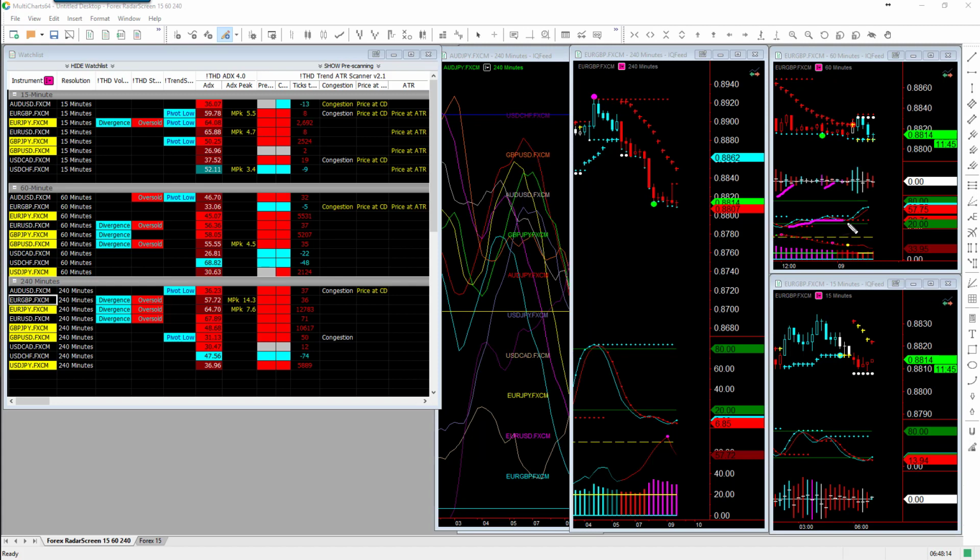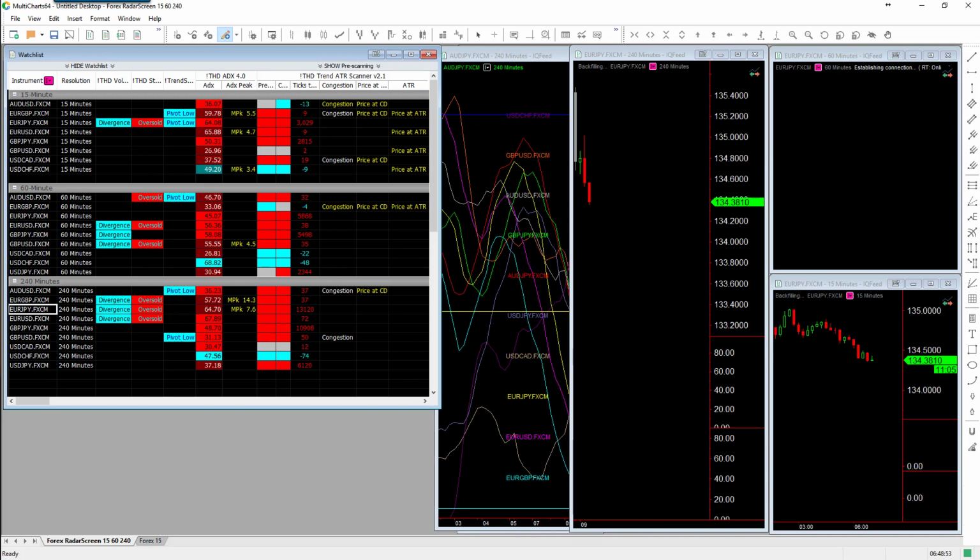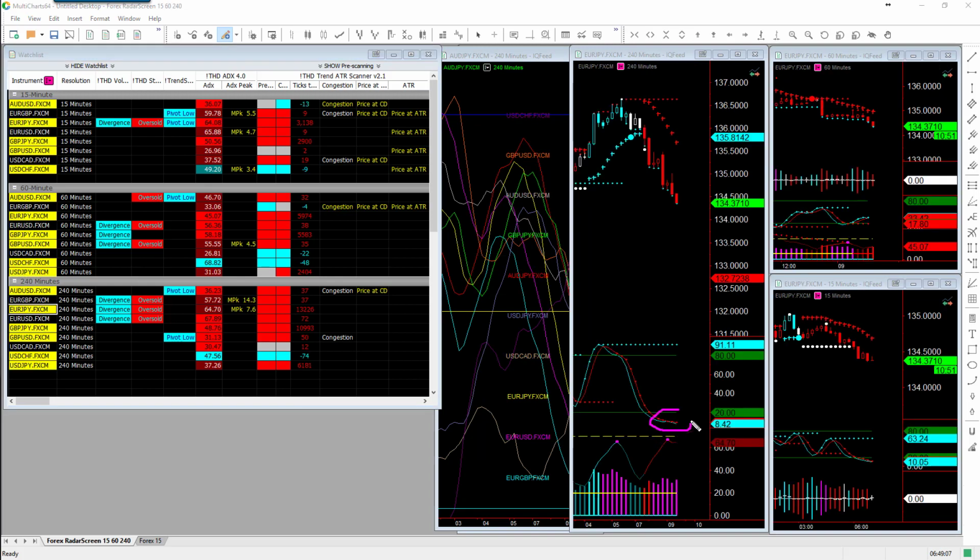Again, this is the clue that this market is likely to retrace. You also see that this is starting to turn up. It simply means that more likely than not, we're going to get a retracement back to this ATR, which is right about 88.40.